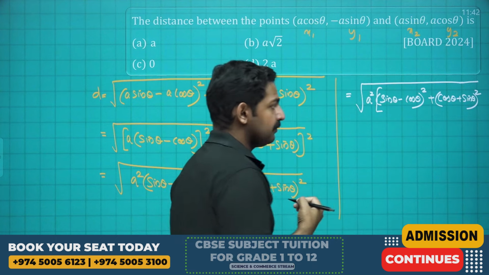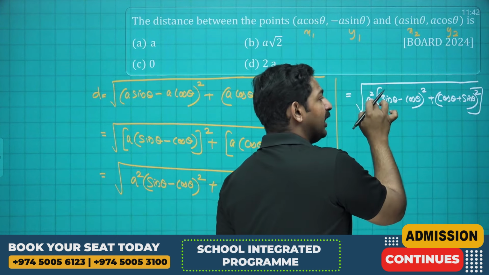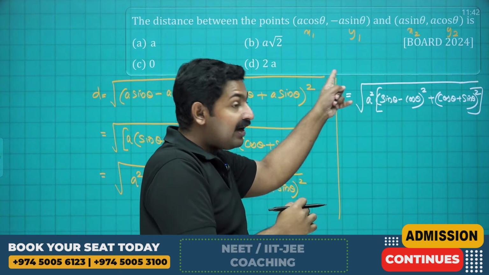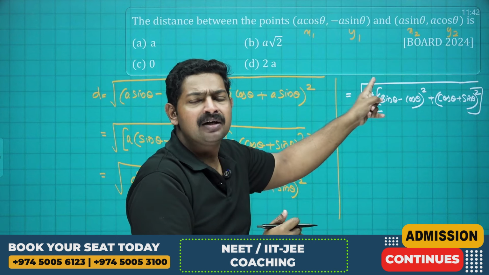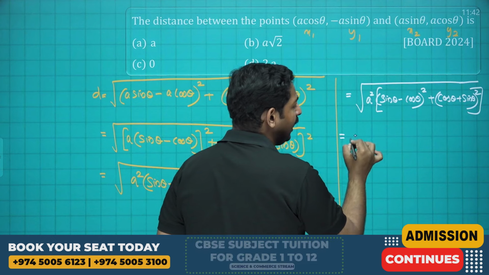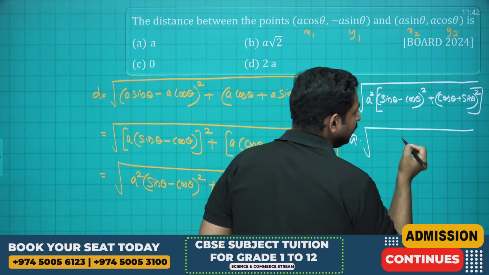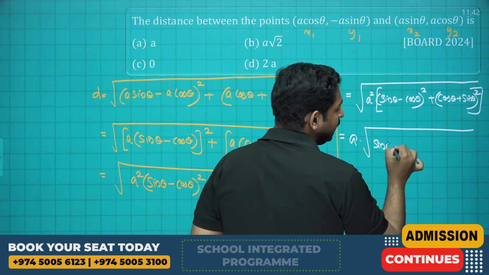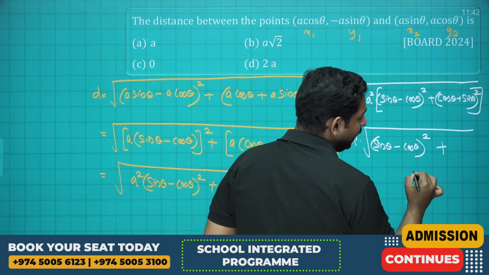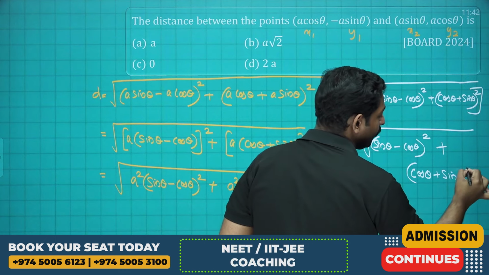Now a square is multiplied with the entire bracket, so you can take the root of a square outside. What is the root of a square? Square and the root will be cancelled, a will be outside, so a into root of, the balance is (sine theta minus cos theta) the whole square plus, what is the balance? (cos theta plus sine theta) the whole square.